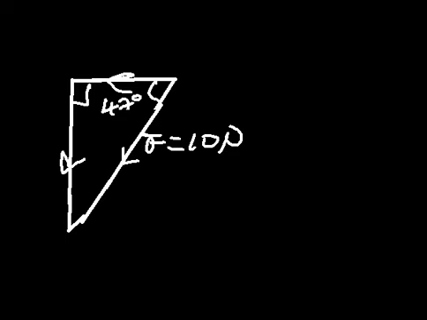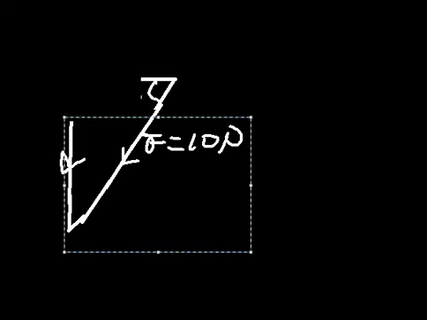Let's go for this case. I'm having this vector, and we say it is given as F is equal to 10, and the angle is given as 47 degrees, of course.